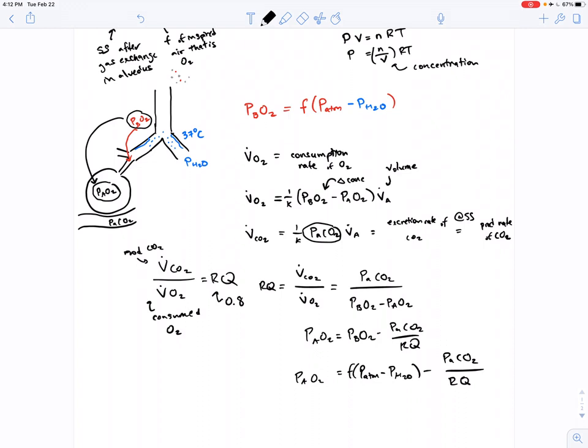I think the part worth pointing out is that this PaCO2 over respiratory quotient is kind of a strange quantity. It's not really related to our alveolar oxygen directly. It's instead a stand-in for V dot A, basically.